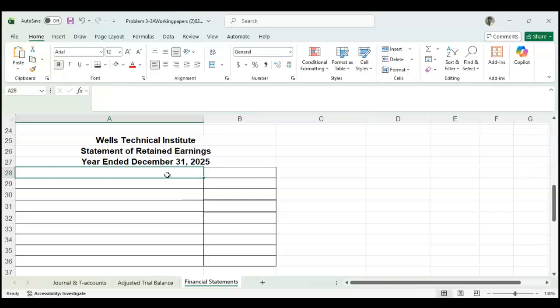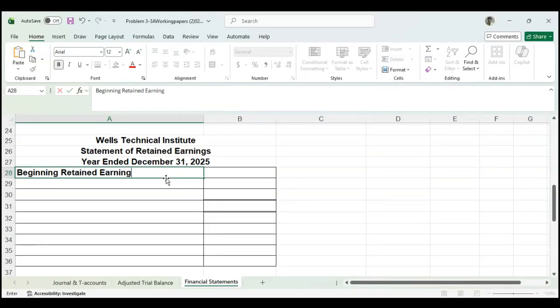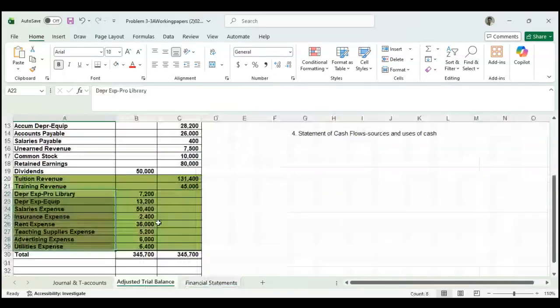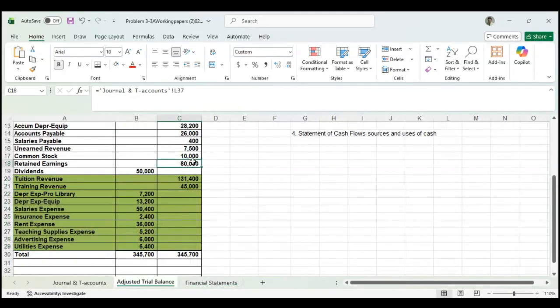The first thing we need to do is start with our beginning retained earnings, and we can get that from the adjusted trial balance. So we had retained earnings of $80,000 at the beginning of 2025.